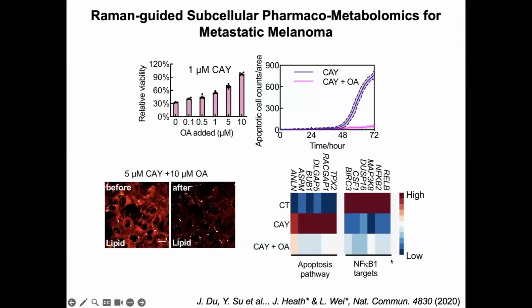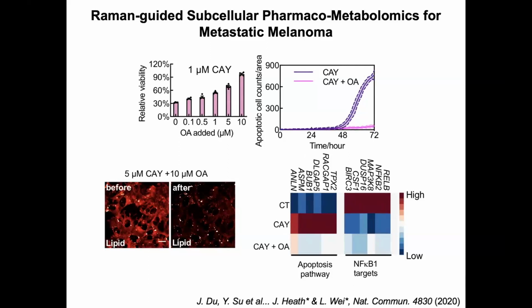And the pathway that stood out is the NF-kappa B pathway, which we're currently trying to understand more. But I hope that I have given you an idea of how powerful these subcellular Raman-based pharmacometabolomics platforms can be used to understand biology in cancers and hopefully in other systems too.